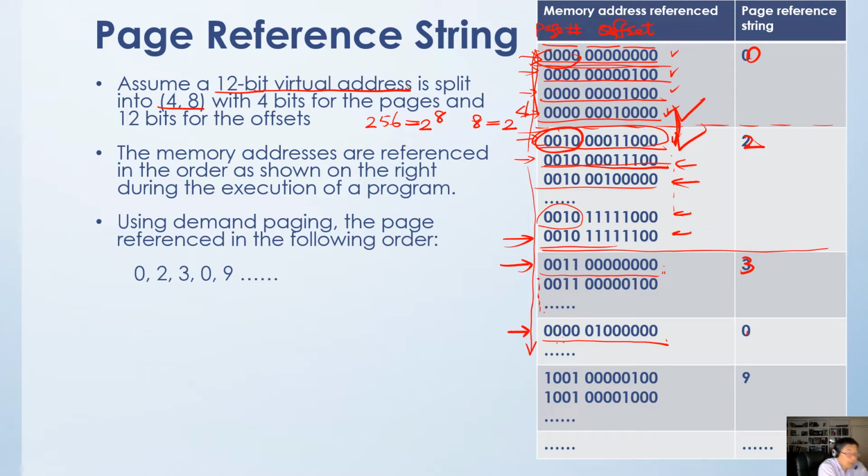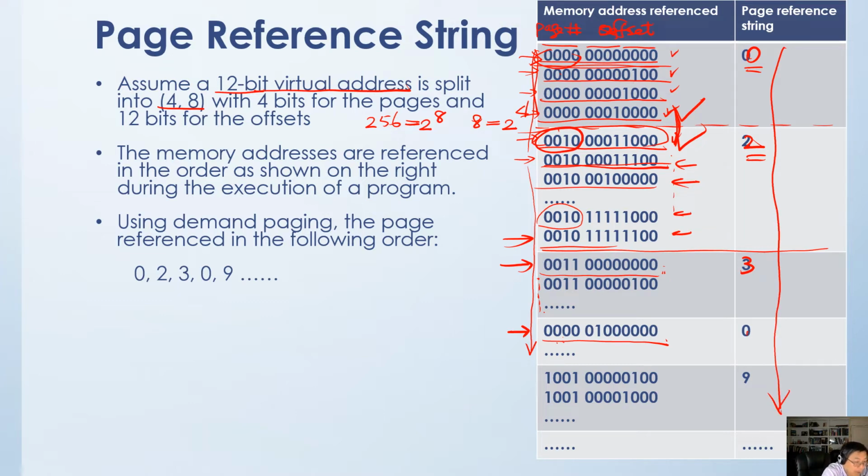It's possible because when we run a loop, or sometimes when we call a function or subroutine, the order of execution may change. You don't always follow the sequence. So we define this as the page reference string.